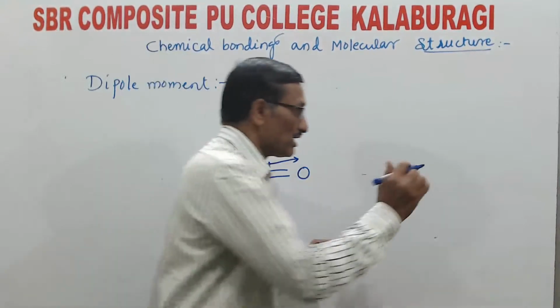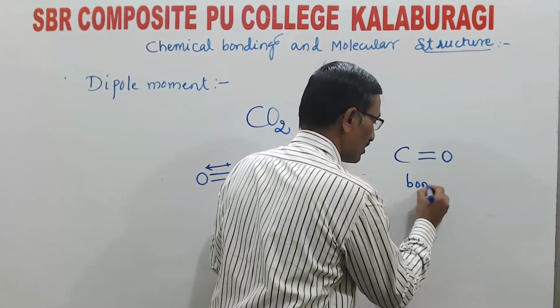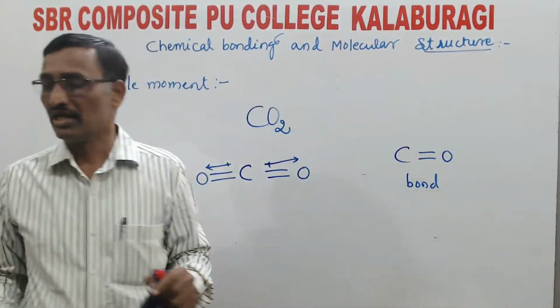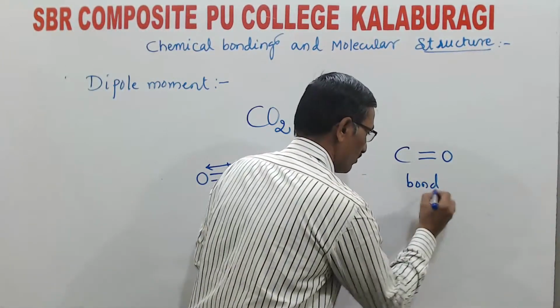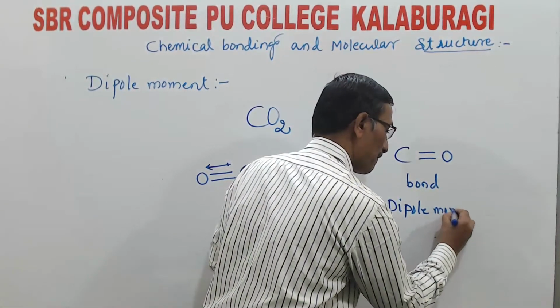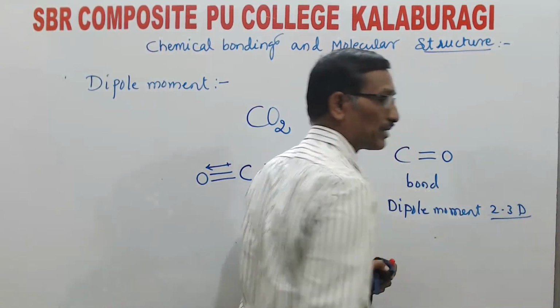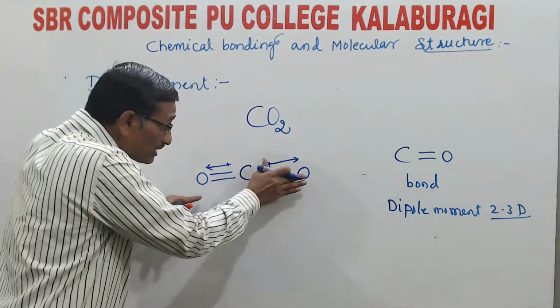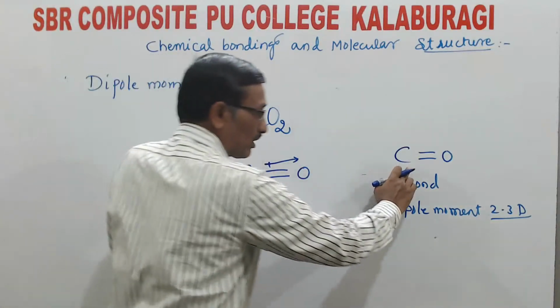If you take the C double bond O, it has a dipole moment value of about 2.3. But see, both of these are acting in the opposite direction.